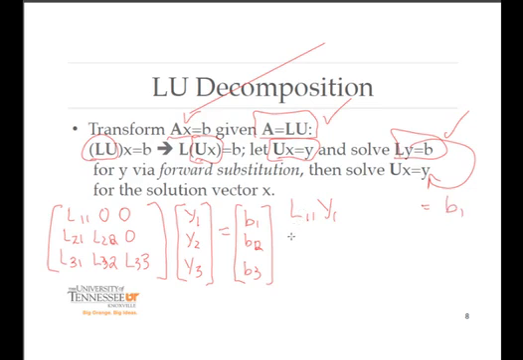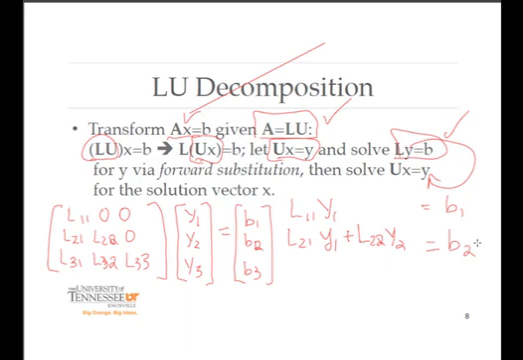Then you would have L21 multiplied times Y1, plus L22 times Y2, and that linear combination is equal to B2.